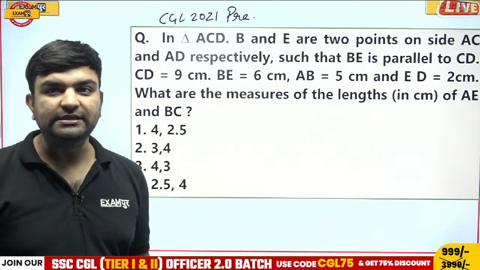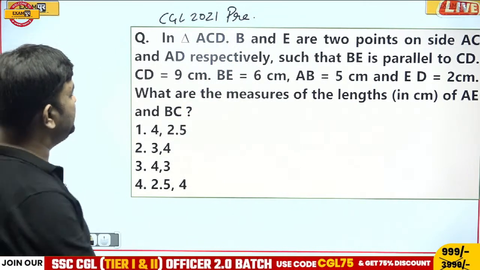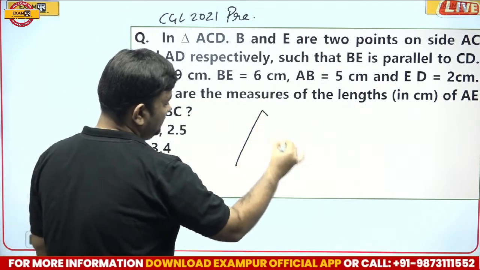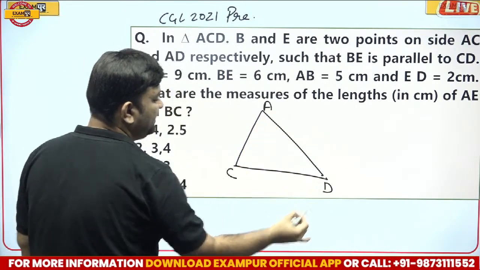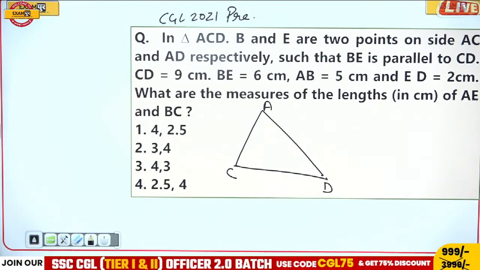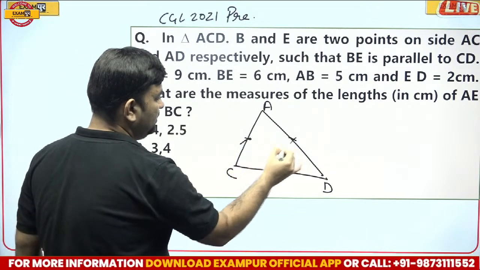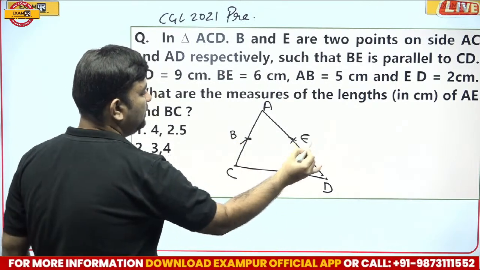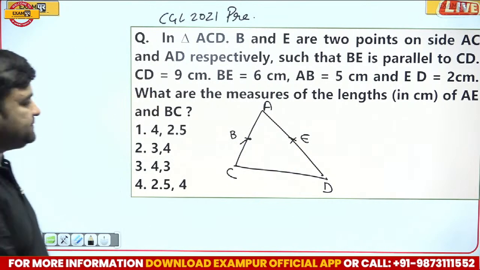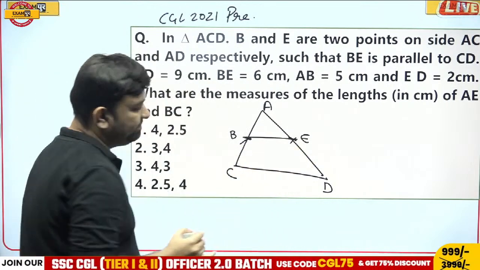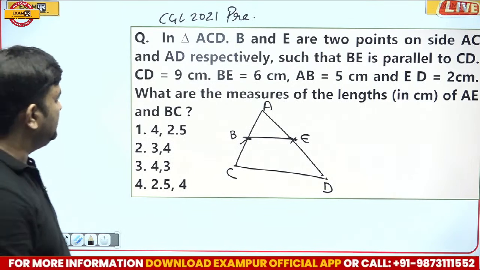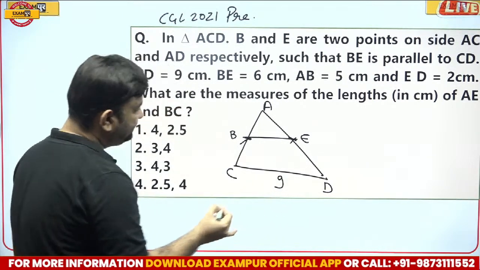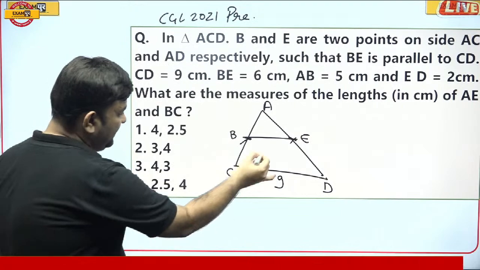In triangle ACD, B and E are points on AC and AD such that BE is parallel to CD. CD is given as 9. BE is given as 6.